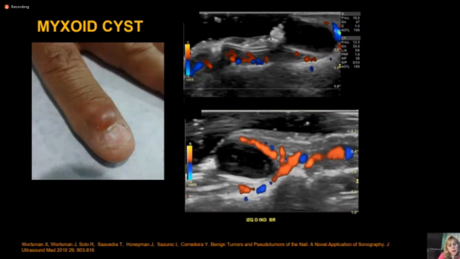We had to find a connection of this cyst to the interphalangeal joint because in most of the cases there is a connection, a thin anechoic tract that is connected, and also there is a synovitis of the joint and osteoarthrosis as well.